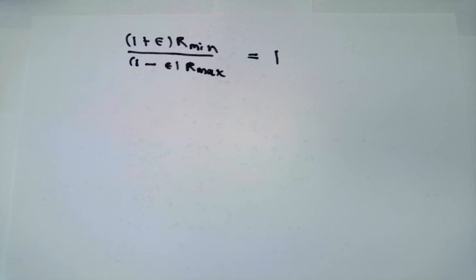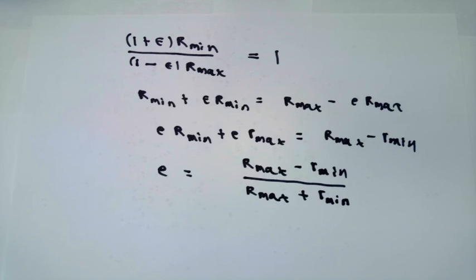If I measure r min and r max, this will let me figure out what the eccentricity is. Doing a little bit of algebra, I found out that the eccentricity is the biggest r value minus the smallest r value, divided by the biggest r plus the smallest r.